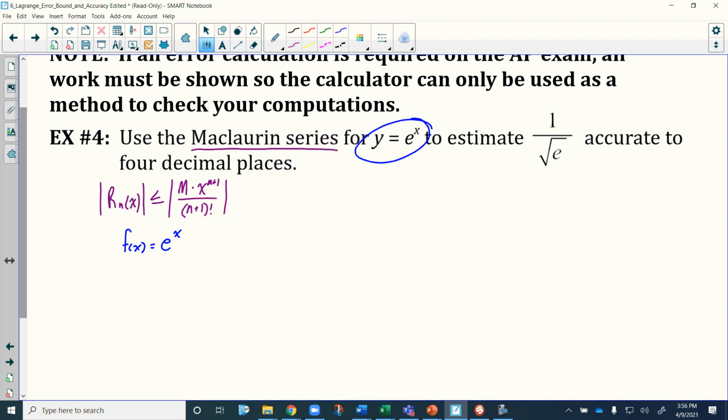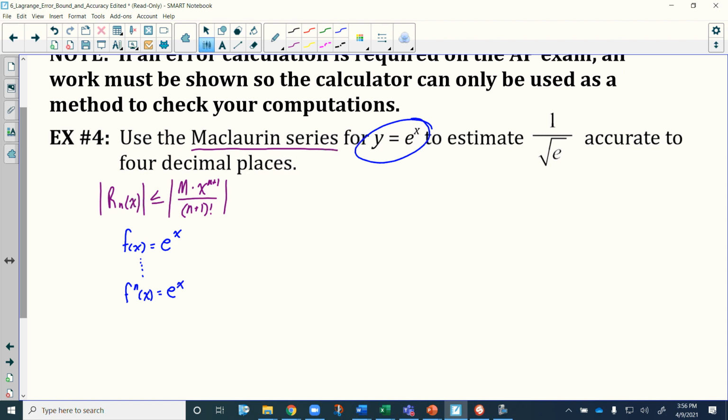Essentially what we would do to create the Maclaurin polynomial for this is keep taking the derivative. The first derivative of e to the x would just be e to the x. The second derivative would be e to the x. The third derivative would be e to the x, and so on. So any derivative of the expression e to the x is just going to be e to the x.